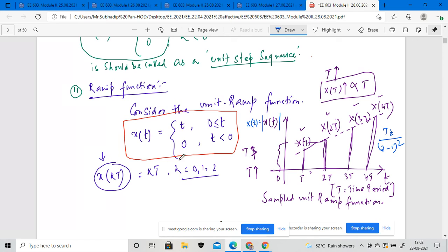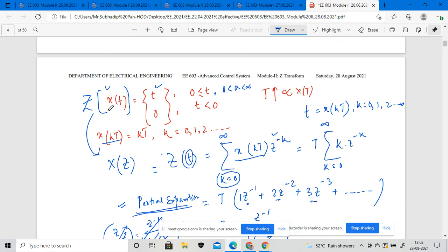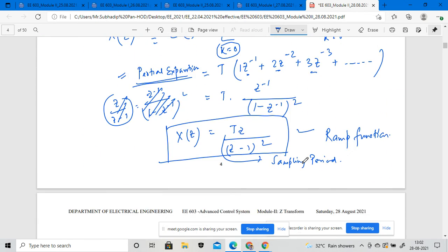So this is one example of a ramp function where the x(t) value varies from t to 0. For that case, we apply the z transformation, and we find what my ramp function transform will be, right? That is actually the thing.